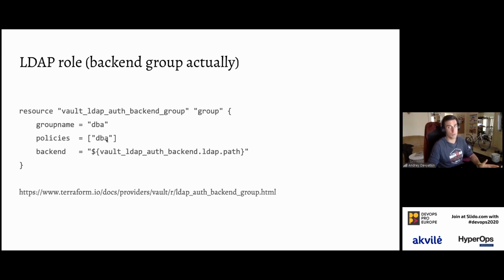You don't have to name the policies after the LDAP groups, but it makes a lot of sense, and then it's less confusing for people. They know that if they're in the DBA group in LDAP, they're going to get a token with the DBA policy attached. For a lot of people, it's almost the same thing, so they don't really distinguish. And it's in some ways good, so it's less cognitive load, and people can spend more cognitive capacity on solving the real problems.